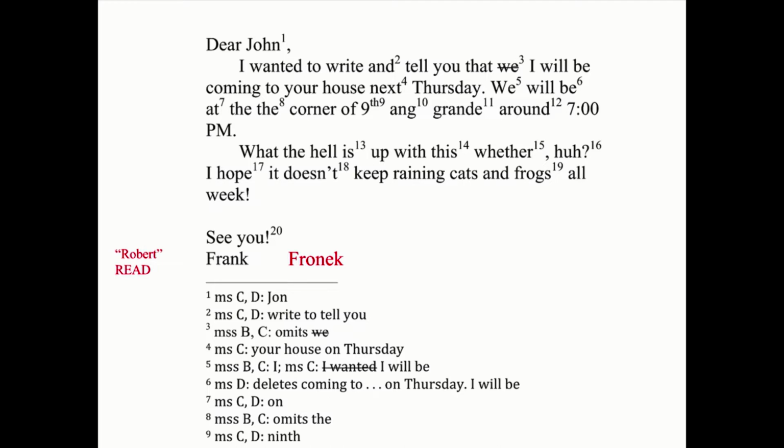So essentially, the scribe is trying to say, I want to keep the consonants for this word that's in the text, but I want to add the vowels from this word, and that will give you this goofy looking form that should tell you, hey, go out to the margin and see if there's a Qere out there, a word to be read. And yep, sure enough, there it is.